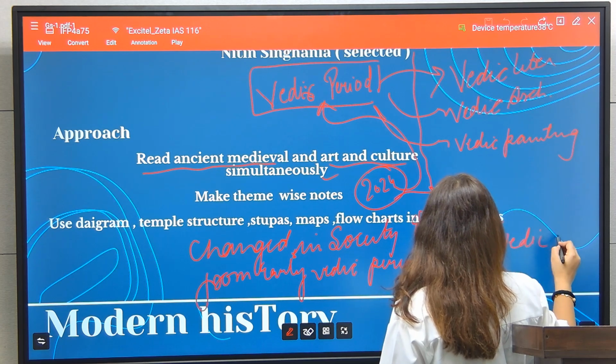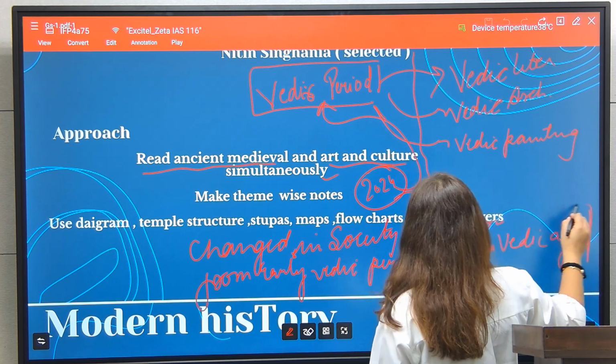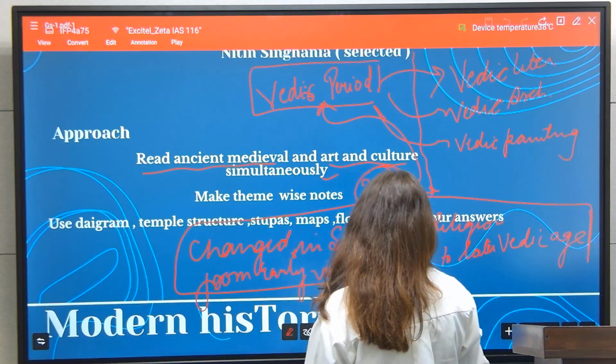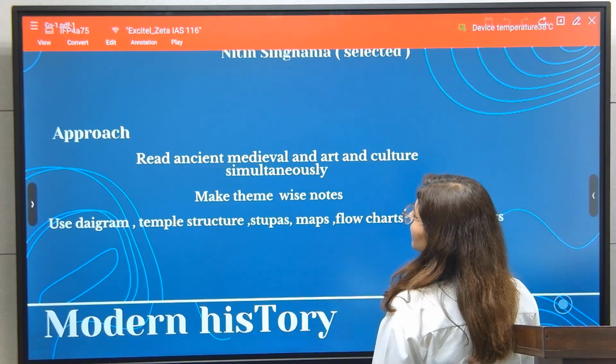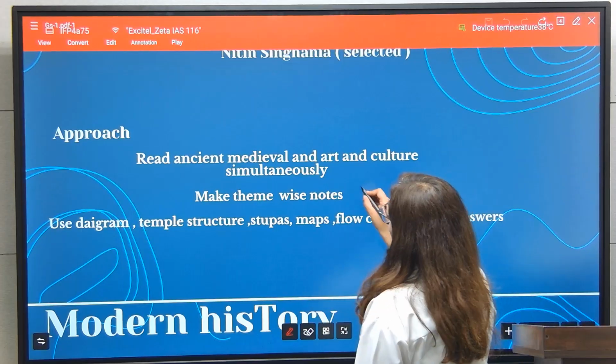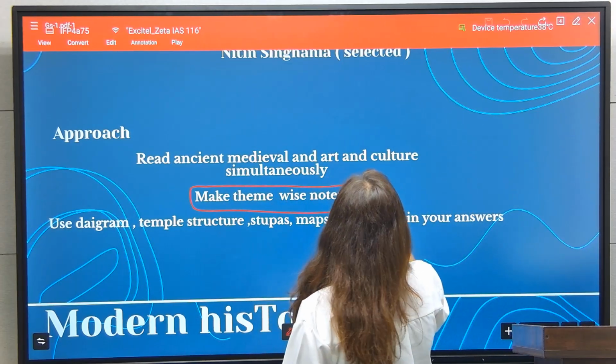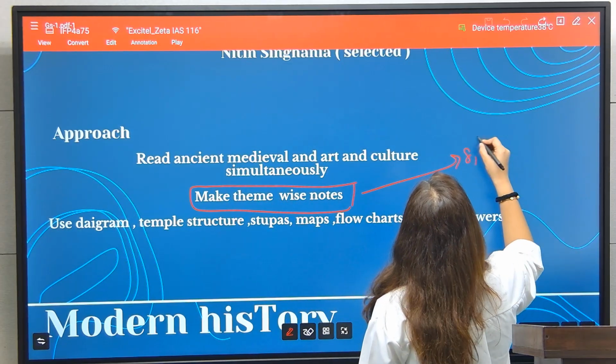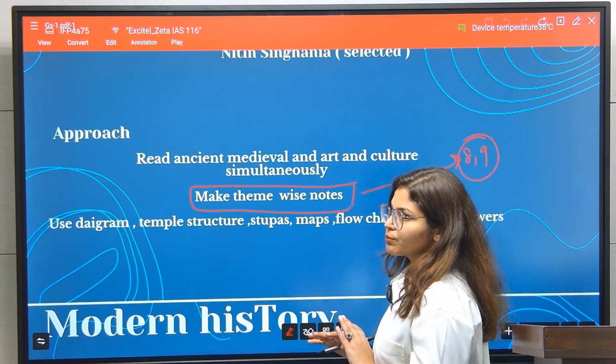So in 2024, a question was asked by UPSC on the Vedic period. Now make theme-wise notes. So for these 8 to 9 themes, you have to make notes broadly and holistically.